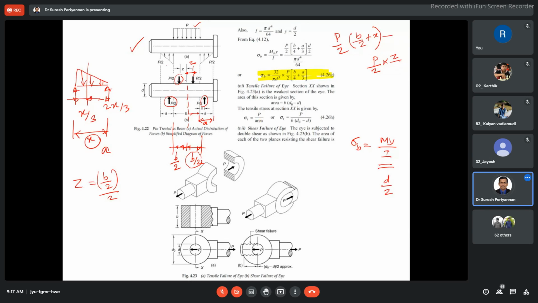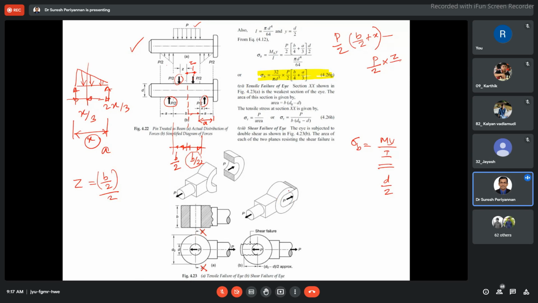Now I come to the tensile failure of the I end. Where is the tensile failure of the I end? See here, this region, in this section XX. Now, see, this is our I end.